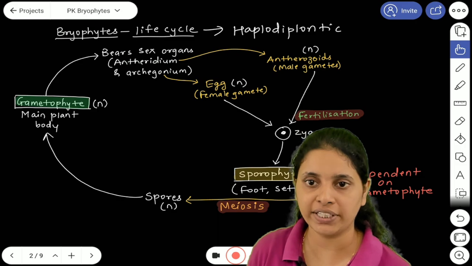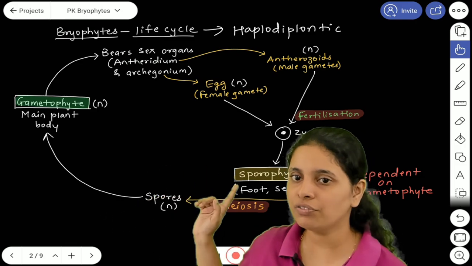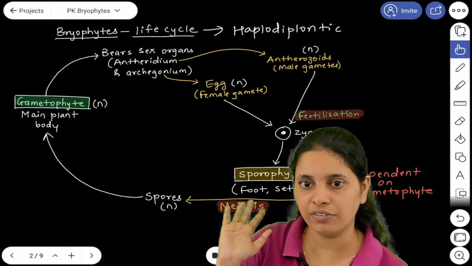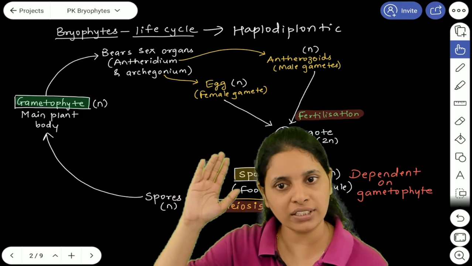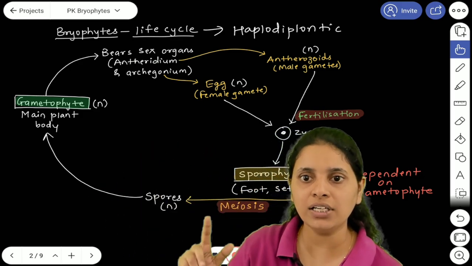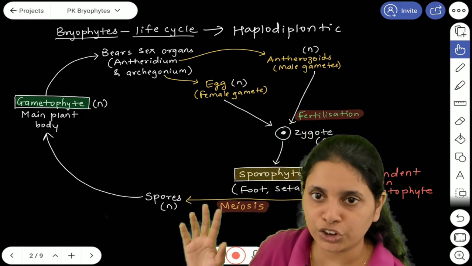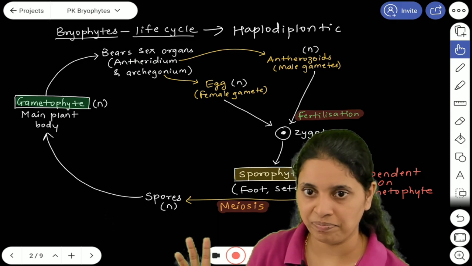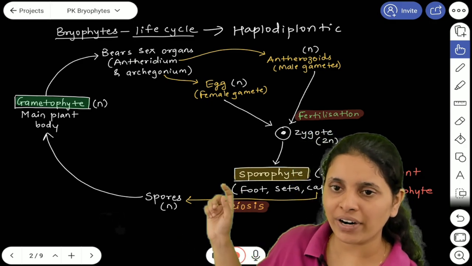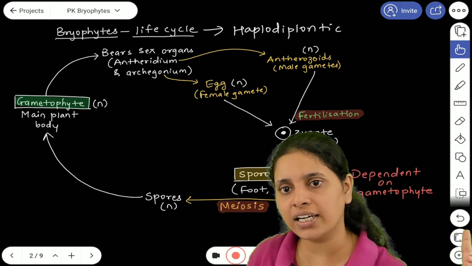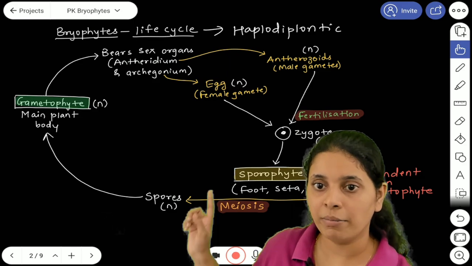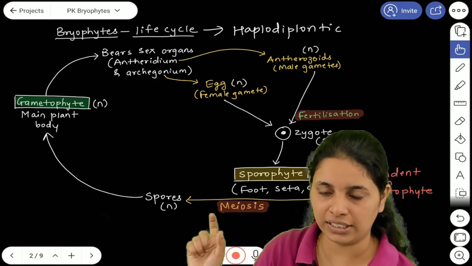Okay, this is the life cycle pattern because both phases are there for significant duration. Gametophyte is definitely the dominating one, but sporophyte is not negligible as it was in algae, right? The diploid sporophyte was negligible in case of algae, so we called it haplontic life cycle. But here it is still quite significant.